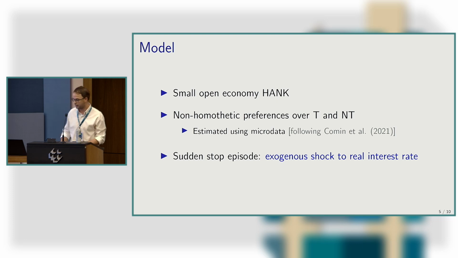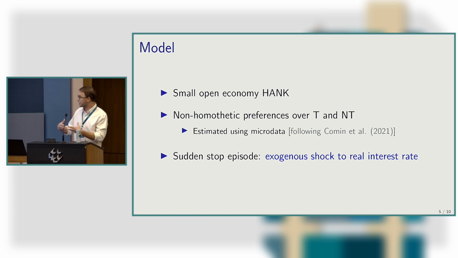So, motivated by this evidence, he then extends the standard small open economy HANK model to allow for non-homothetic preferences over tradables and non-tradables. He then estimates these new parameters of the model using state-of-the-art methods by Comin and co-authors.